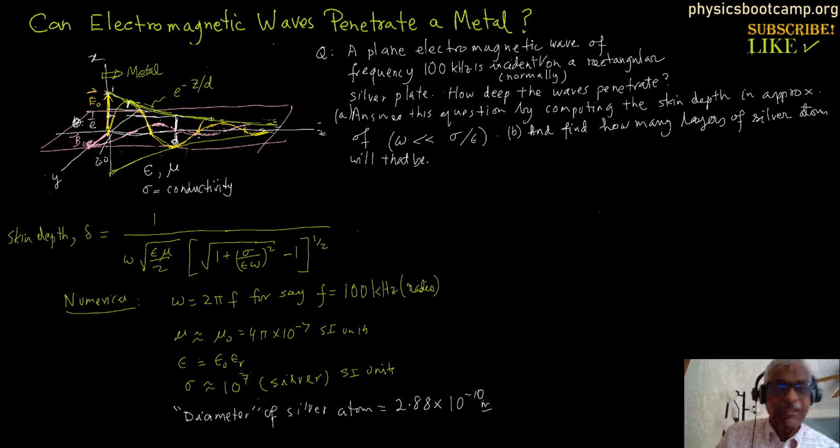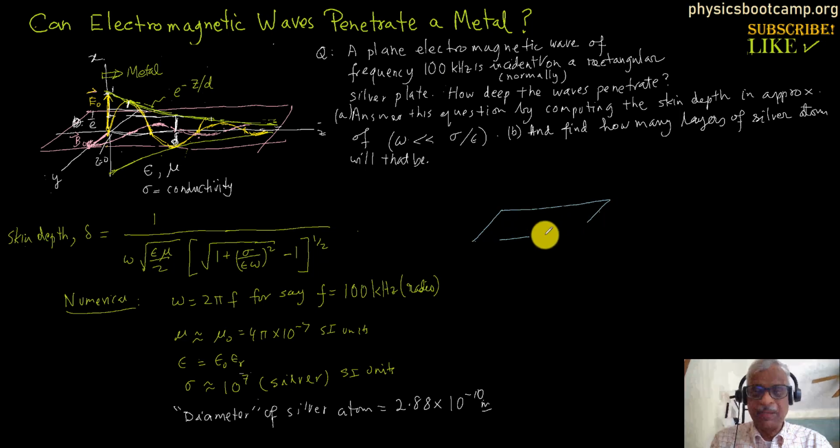So today we have a kind of interesting problem where you can think of what happens if I shine light on, say, a metal plate, like this silver plate, and you shine light directly on it.